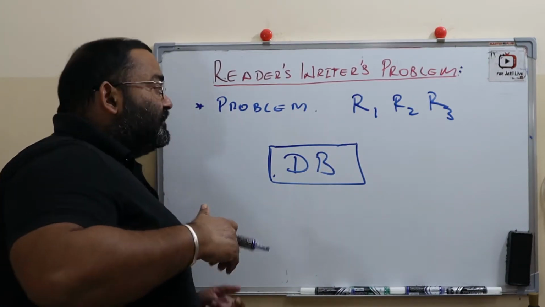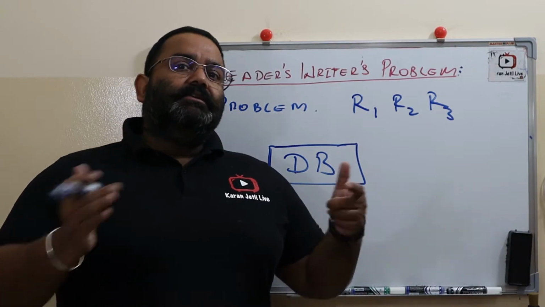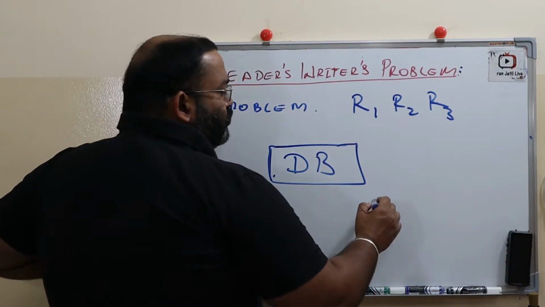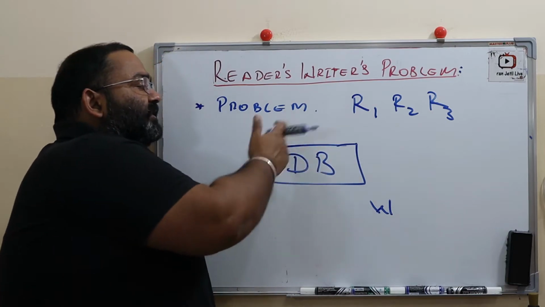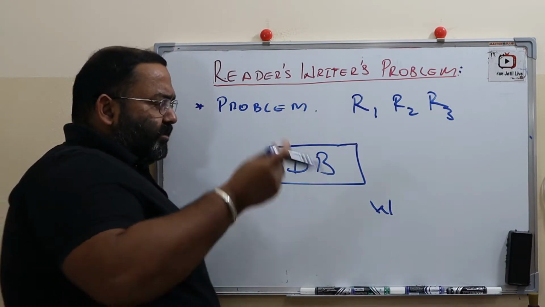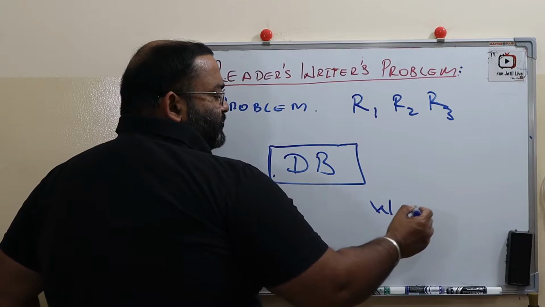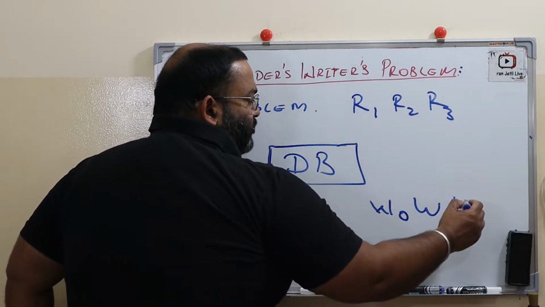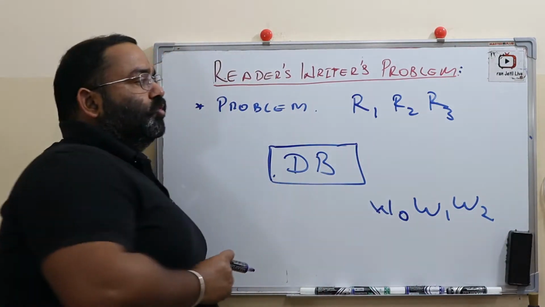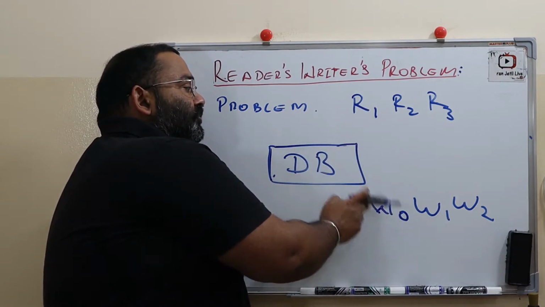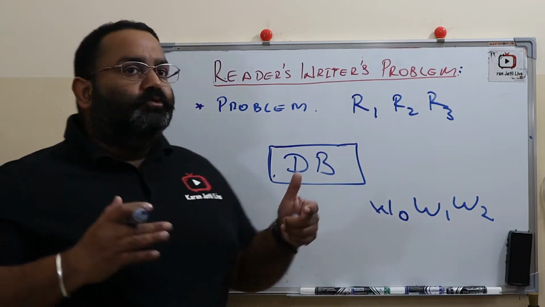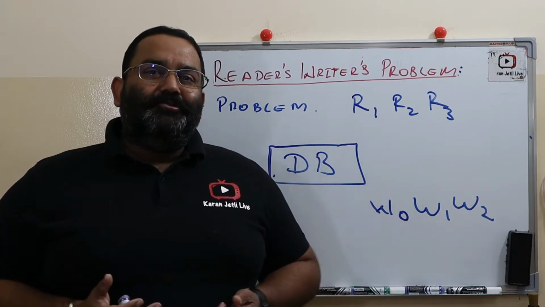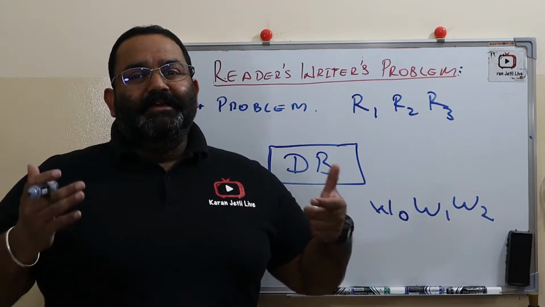But at the same time there are some other threads who want to write into it, who want to update the data in this database. I call them writer 0, writer 1, writer 2. And all of them want to do everything concurrently, at the same time.